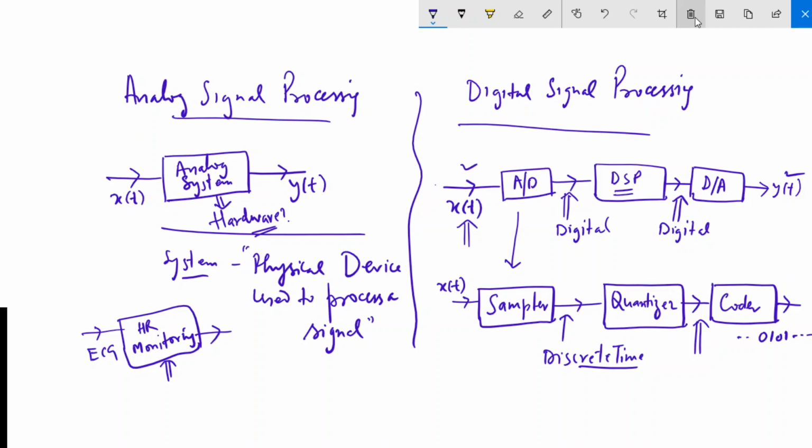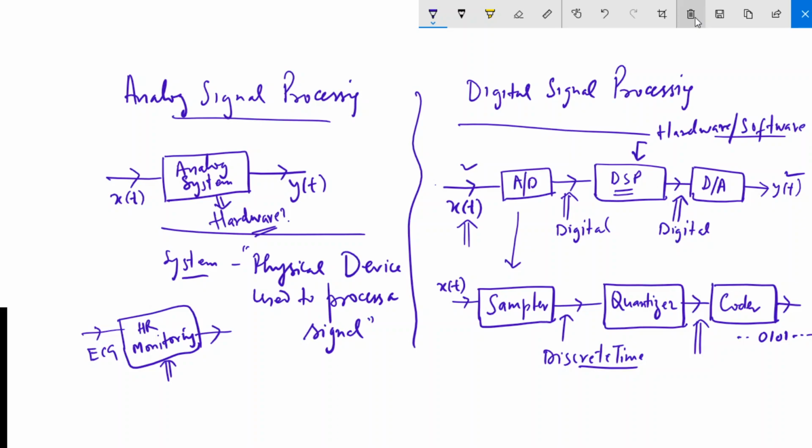But when you see DSP, digital signal processing, this system is not generally a hardware. It can be a hardware, or it may also be a software. That is, you have a DSP processor here. So this is a flexibility in DSP which is not available in analog signal processing.